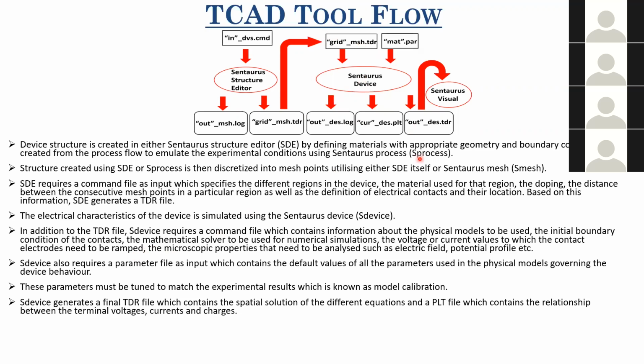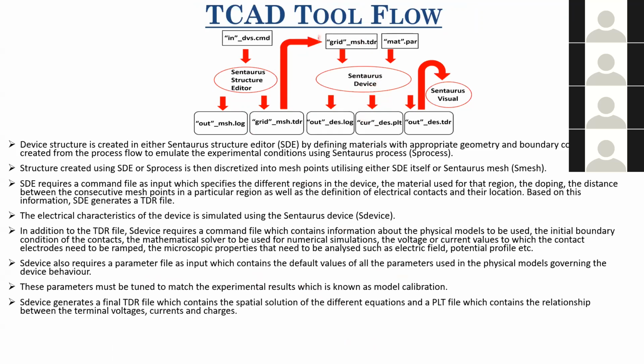Now, after getting this information, the device simulator solves those physical equations, considering these physical models and all these boundary conditions, the electrode voltages and all, and then what it outputs is a TDR file. We were discussing what exactly this Centaurus device simulator gives as an output.